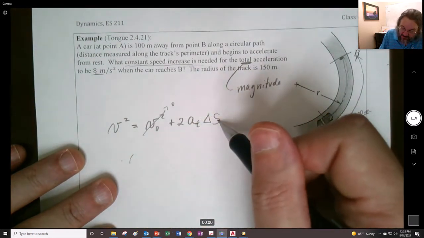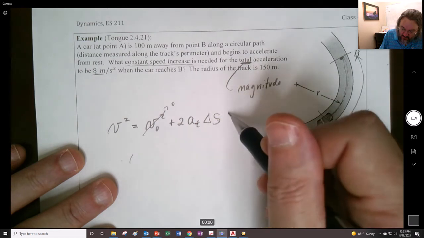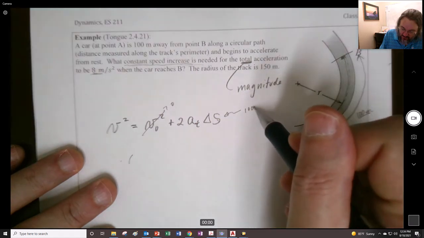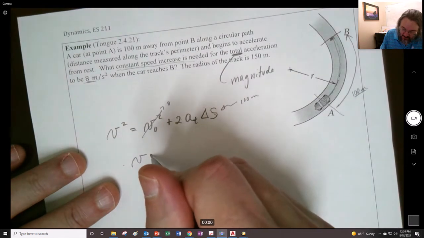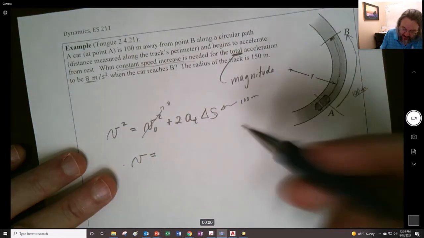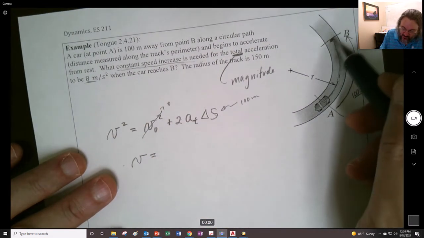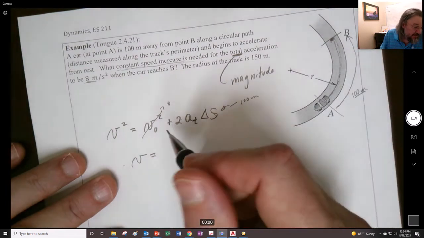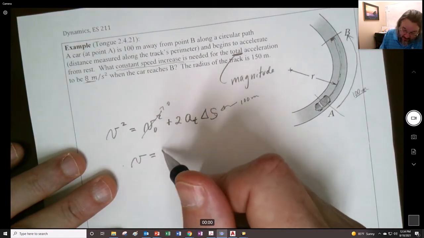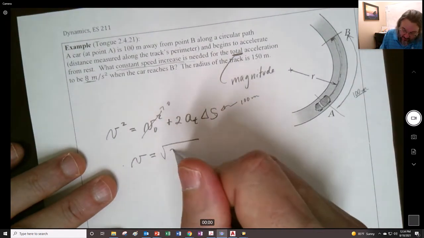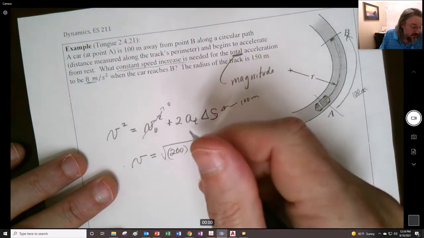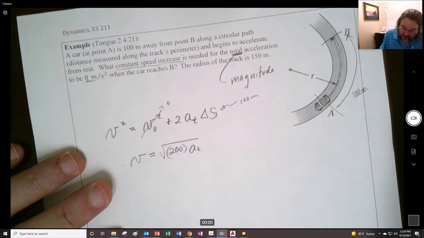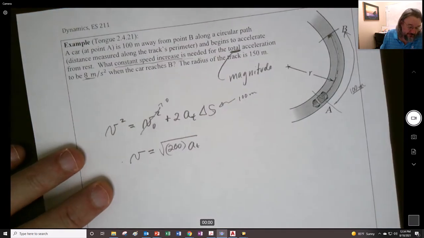And we know this distance is 100 meters. So the velocity at B, which is the velocity we care about, I'm not going to give any subscript. It's going to be the square root of 2 times 100, so 200 times the tangential acceleration.